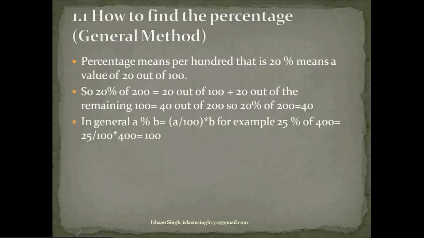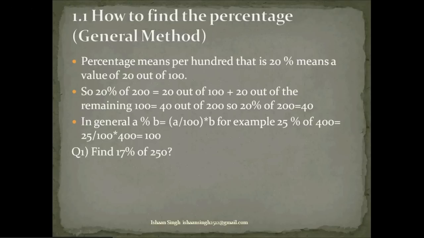The general formula that we will use for calculating the percentages is A% of B is equal to A upon 100 into B. For example, if we have to calculate 25% of 400, it will be 25 upon 100 into 400, and you will get 100 from it. Fine. So let us look into some questions.